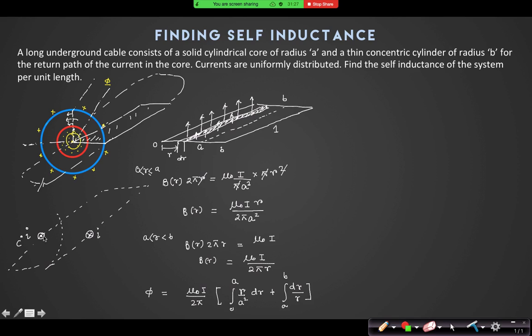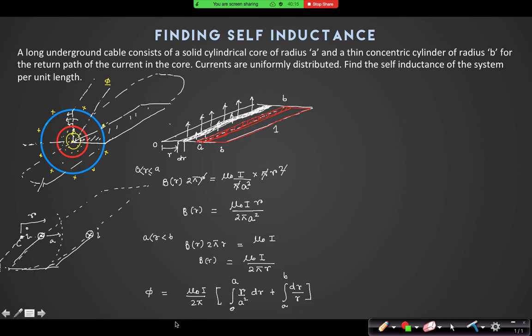But here I am not taking the contribution of this conductor only. I have taken an average. I have taken that all the conductors are contributing the flux in this area. That is why I am integrating from 0 to a for all the conductors. Yes or no? Have you got it? Okay.